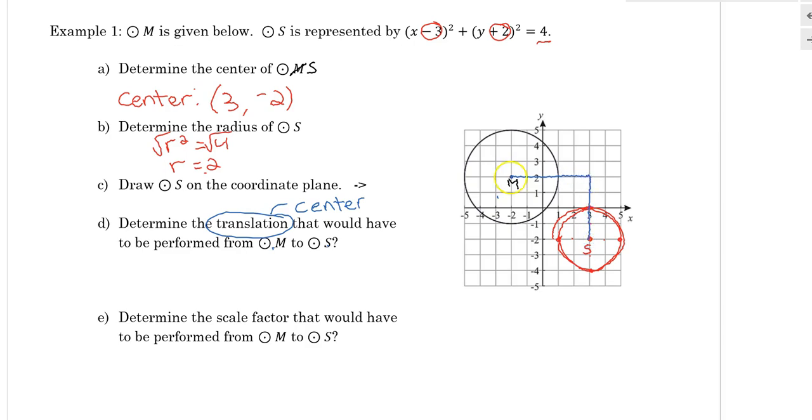So how far did I move? I went right 1, 2, 3, 4, 5, and I'm going to go down 1, 2, 3, 4. Okay, so the translation is like you're giving someone directions. Where do I have to go? If I start at M, how do I get to S?